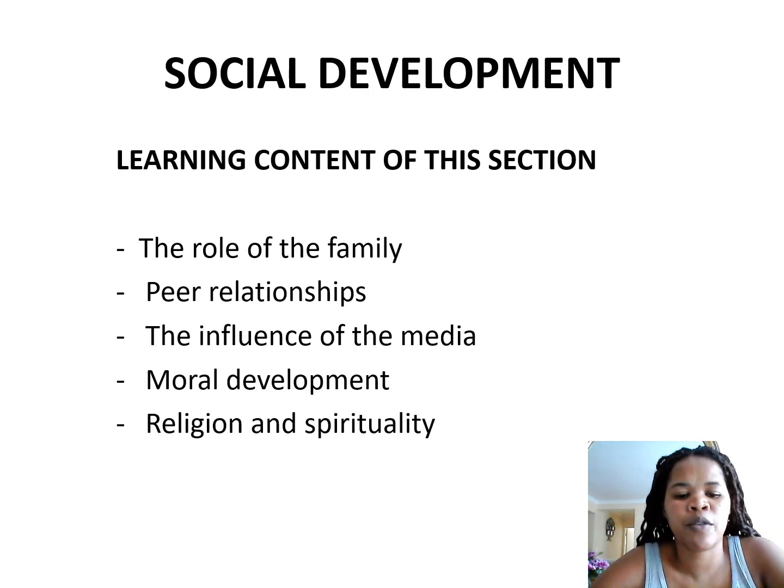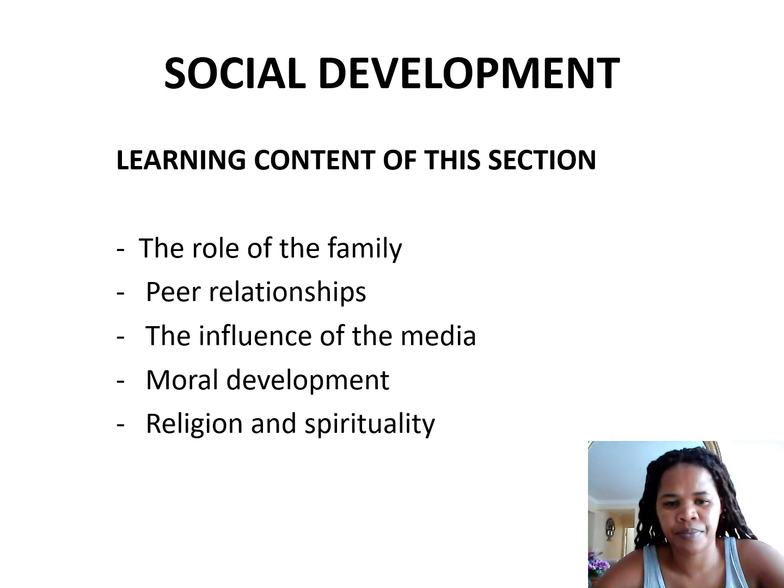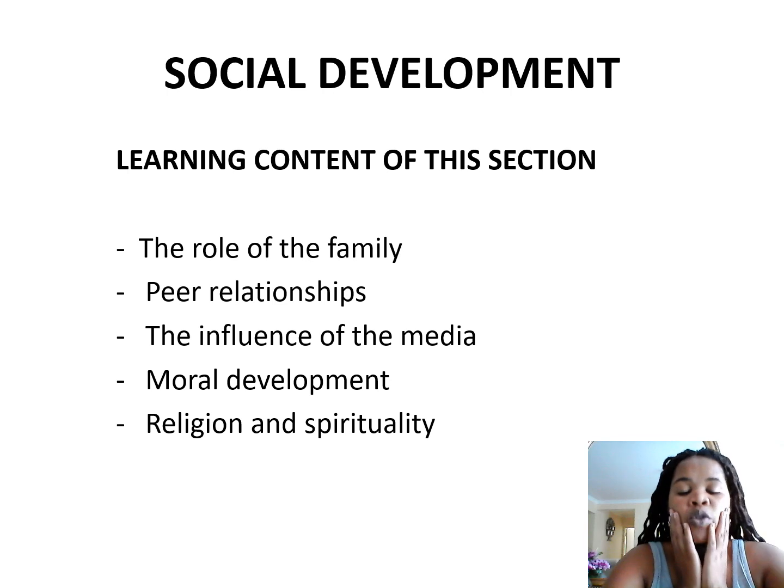And then in terms of social development, the role of the family, peer relationships, the influence of the media, moral development, religion. Let's go to the role of the family. The role of the family is very important in the social development of children. It needs to be as balanced as possible.